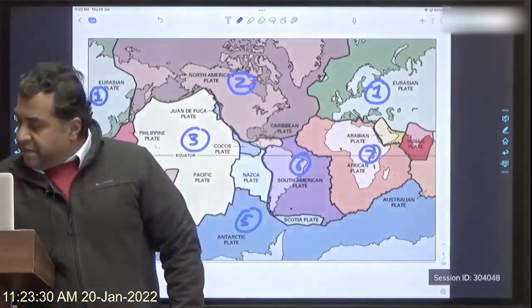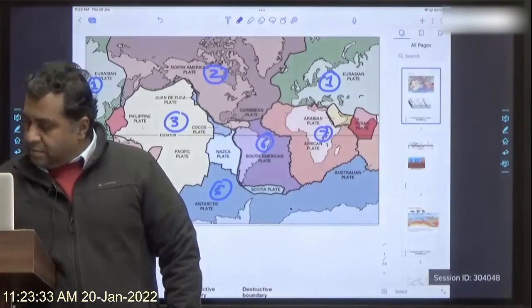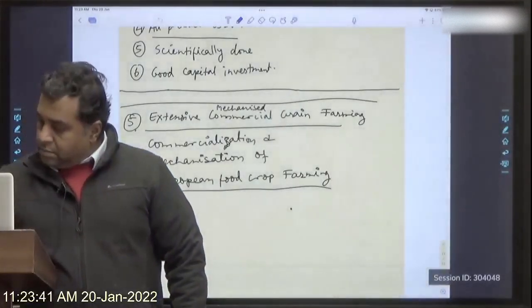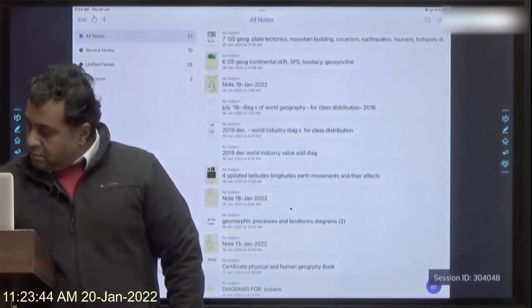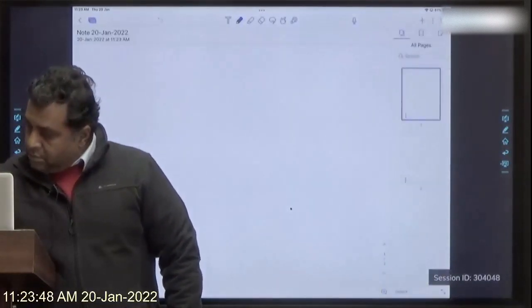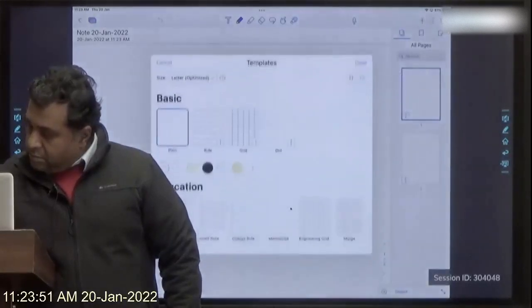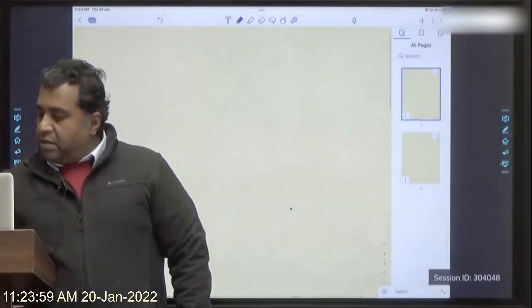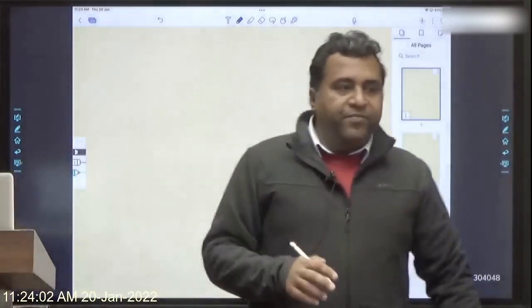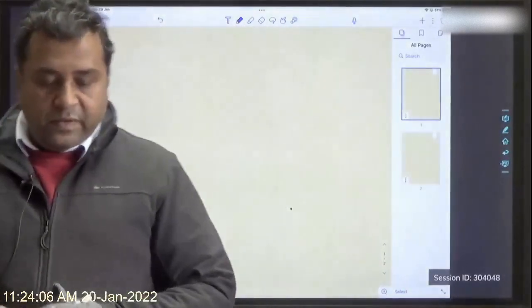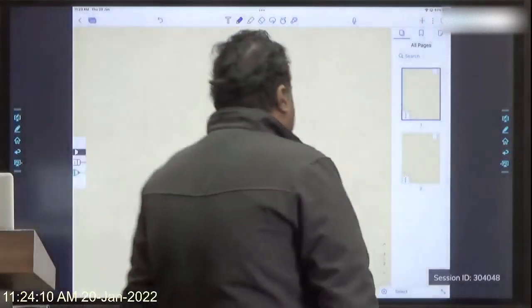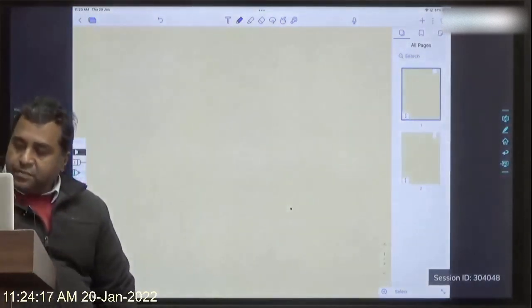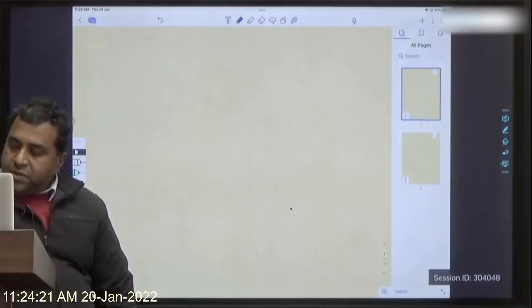So once we understand the major and minor plates, you can write the above major and minor plate classification was on the basis of size.